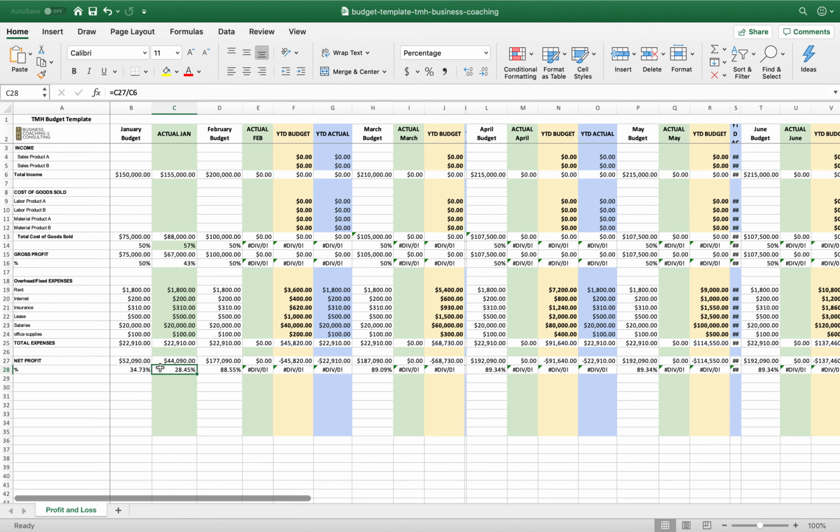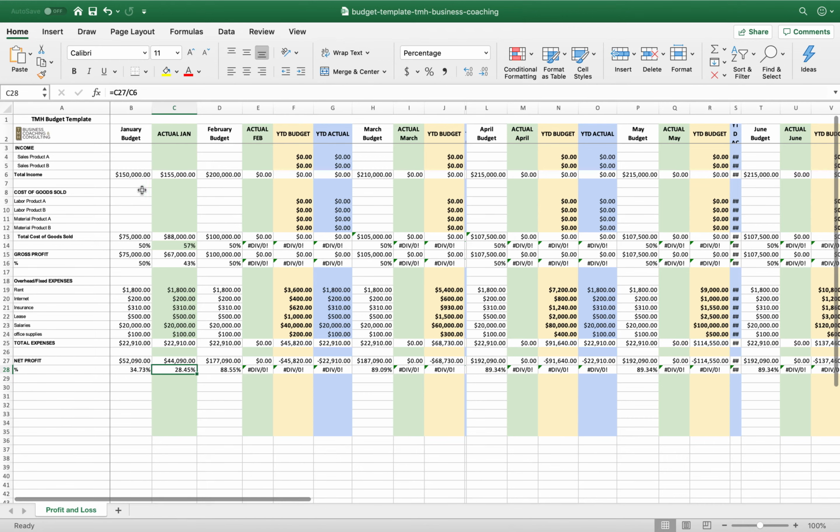So we did okay. We made $44,000 net profit, and you're getting all these numbers from your income statement, but our goal was $52,000 net profit. That's not too bad, but you really want to take a look at this when it happens to improve, to make sure that you can hit your February numbers, and your March numbers, and your April numbers.